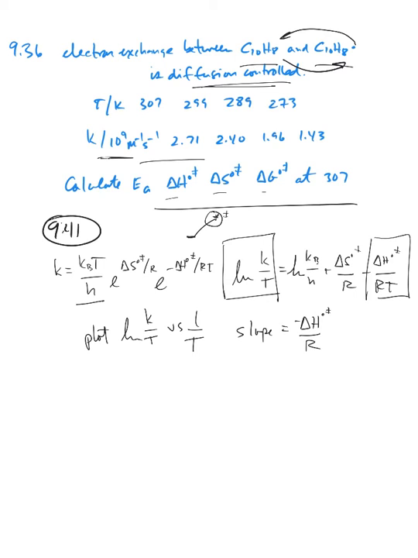Let me switch colors here just so you can see this clearly. So the slope is the minus delta H over R, and the y-intercept is going to be everything else that's left over.